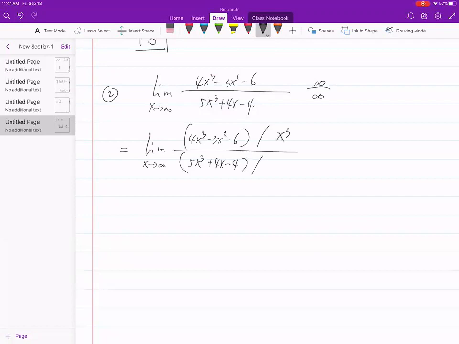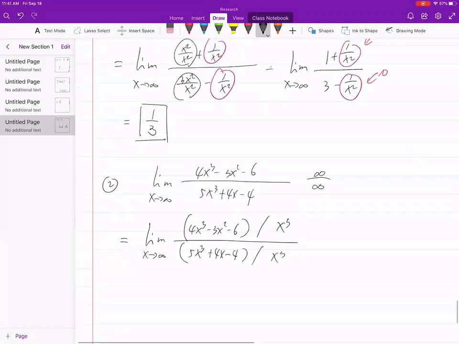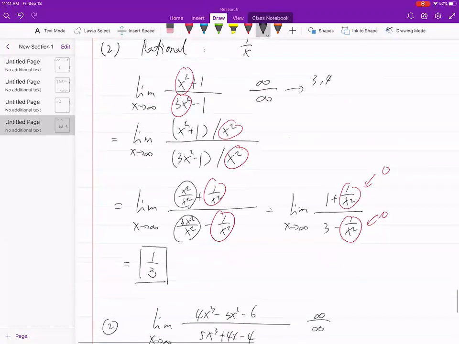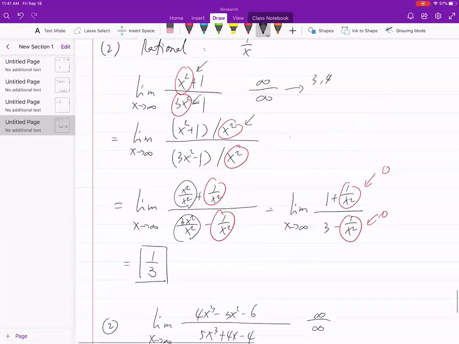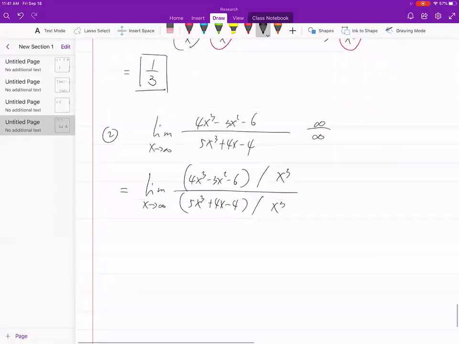X cubed this time. Because last time it was x squared, because these are squares. That's why I did that. Now I want to do x cubed. You follow? You can solve this. The answer is four-fifths, which is easy. Still okay? That's a pretty neat method, but then of course you see a limitation.